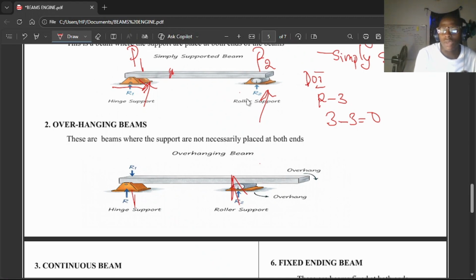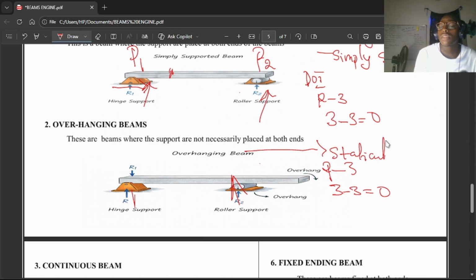So in essence, we have R minus 3, right? Now what's your R? We have 3 minus 3, and that gives us 0. So you can also see that your overhanging beam here is statically determinate.